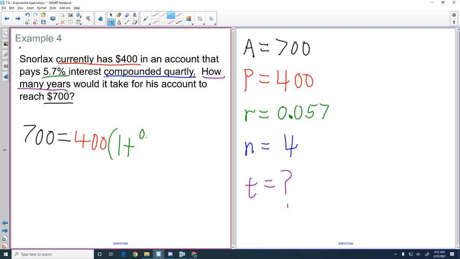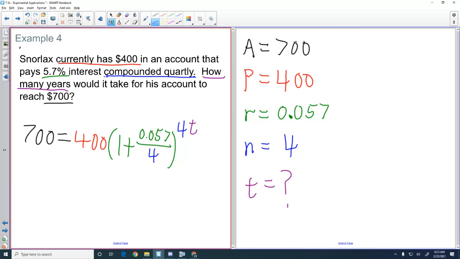So 0.057 divided by 4. All raised to the N times T. Oh wait, we know N, that's 4. So 4t.